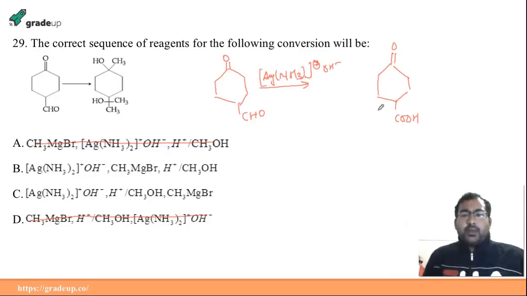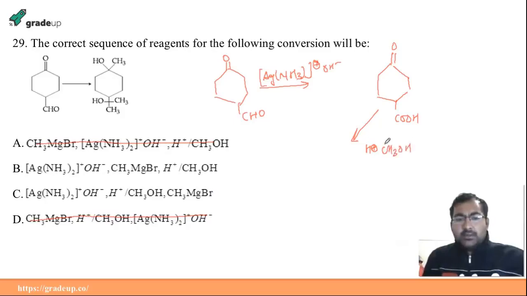So now when we start with the Tollens reagent, let's try to do the esterification, right? So H plus and CH3OH, right? The esterification one. What happens in this reaction?